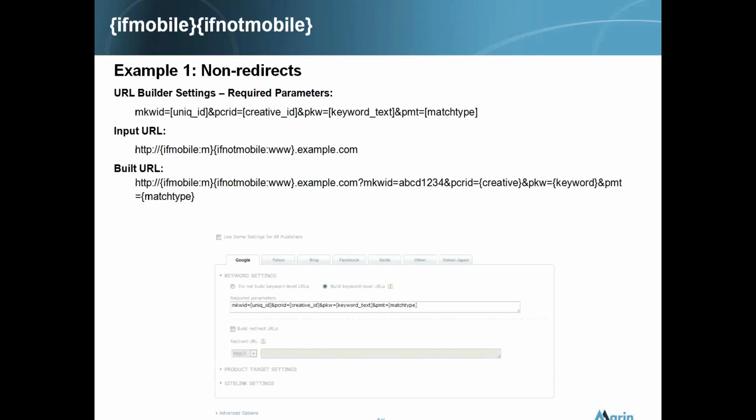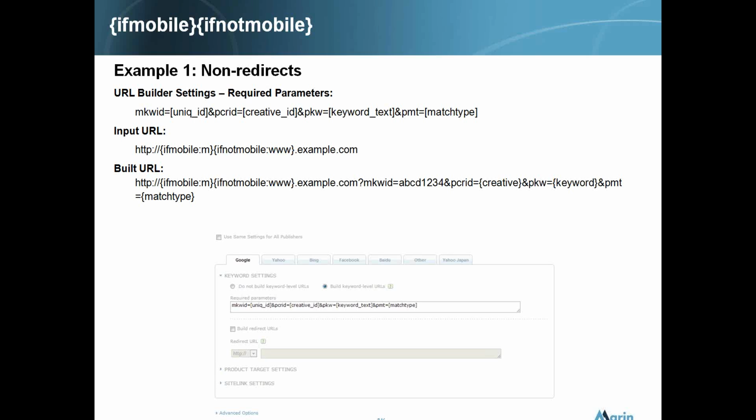So a couple of examples here for the way URL Builder is going to build your URLs and what should be uploaded within the Marin account in order to use this ifmobile, ifnotmobile parameter.